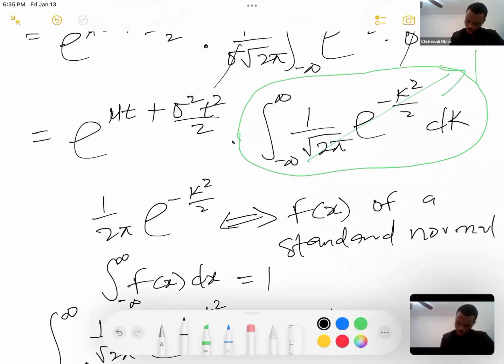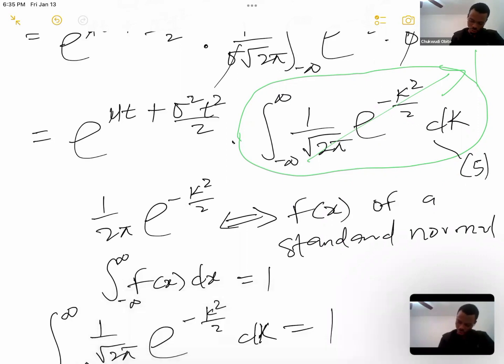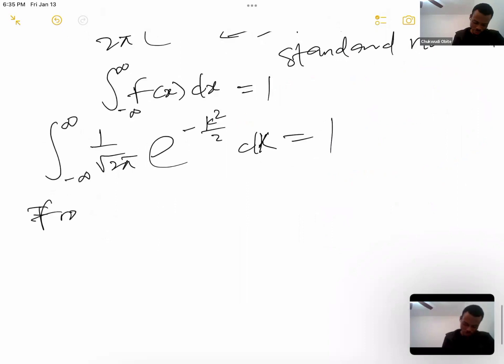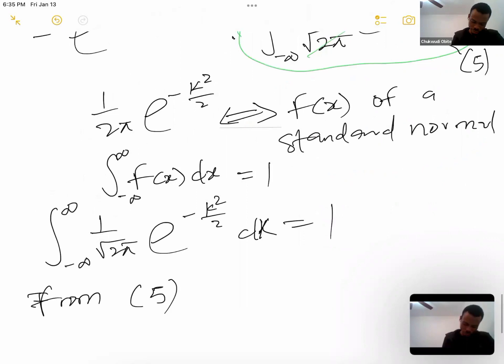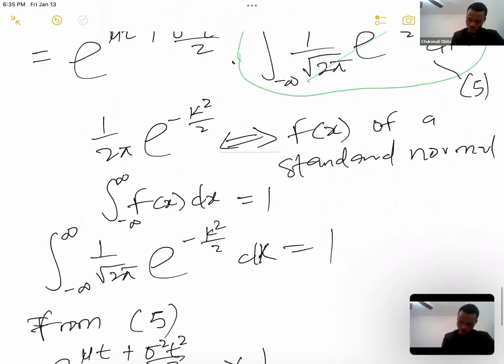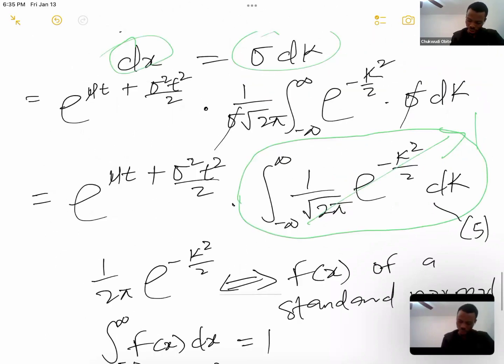Let me call this equation 5. From equation 5, I will have e raised to the power mu t plus sigma squared t squared over 2 times 1, because all this is now 1.